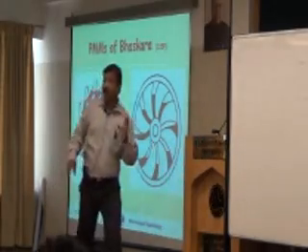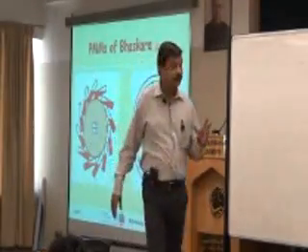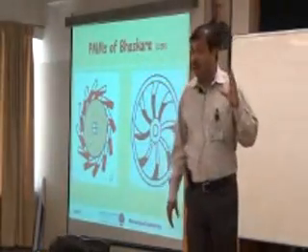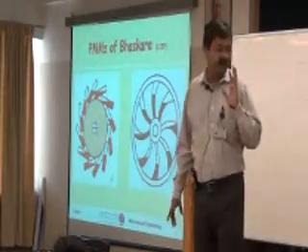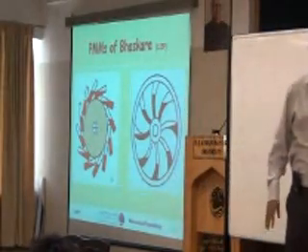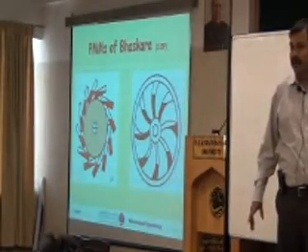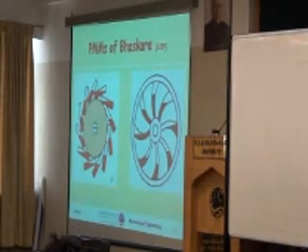All of you must know about moment. What is a moment? Force into perpendicular distance. Let me take up the wheel on the right first and then come back to the wheel on the left.